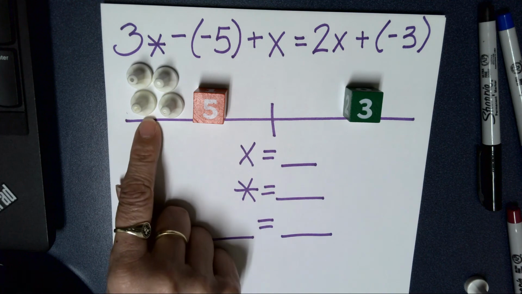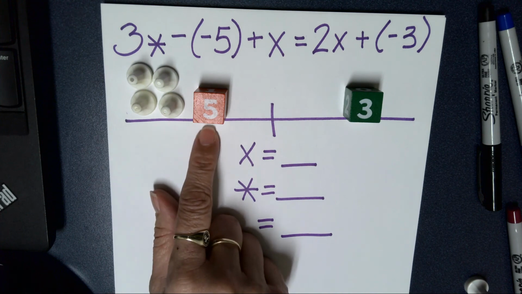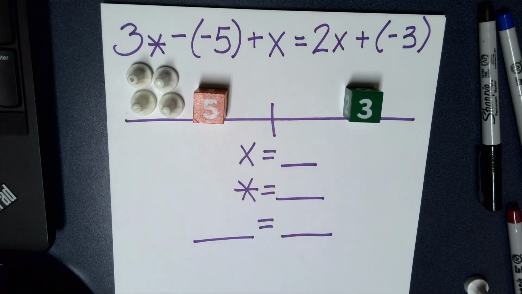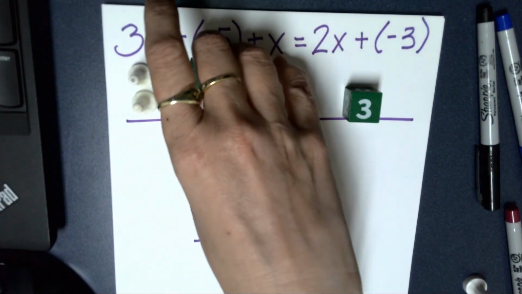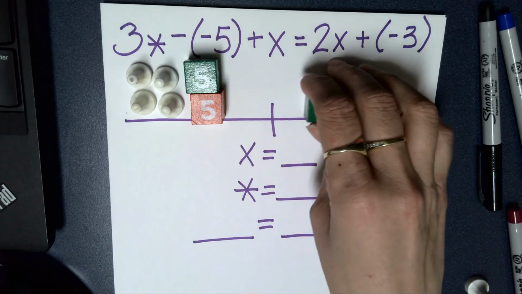Well, I have my stars all on one side, so I know that I want to keep them there. So how do I move a +5? Well, let's create a 0 pair. Add a -5. And if we do it to the left, we have to do it to the right.